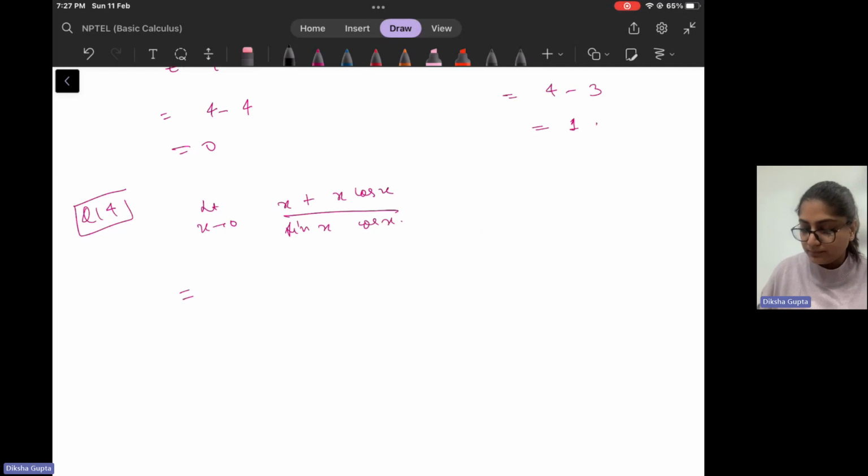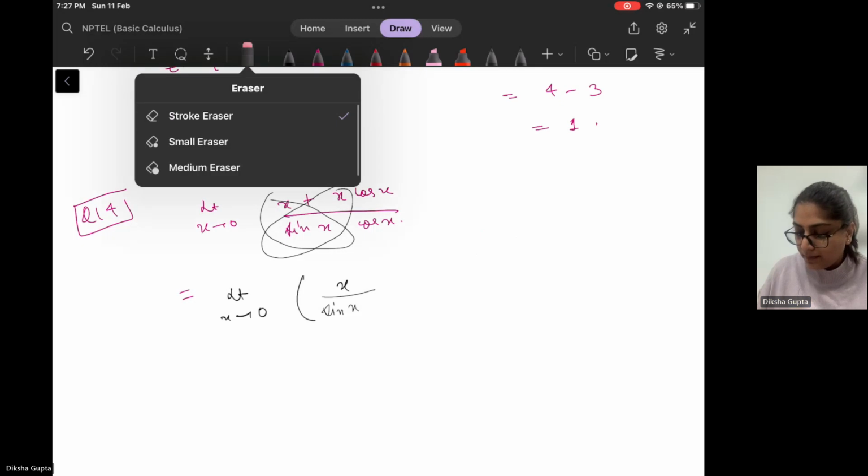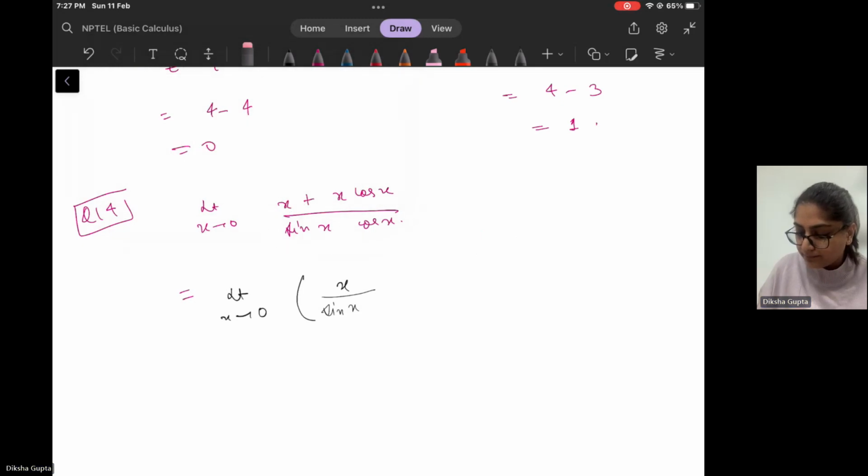I'm separating the terms in the numerator because I can see x by sin x here, and x by sin x here. x by cos x gets cancelled.